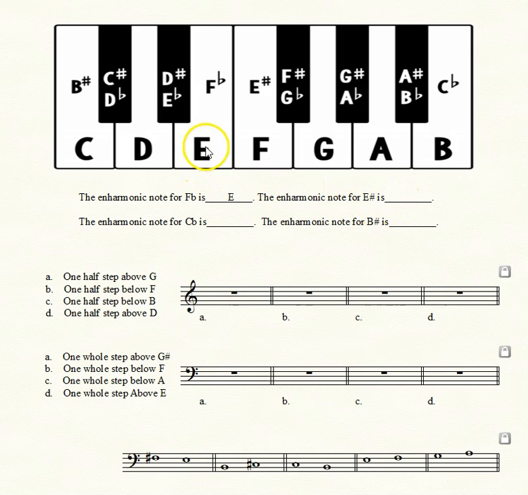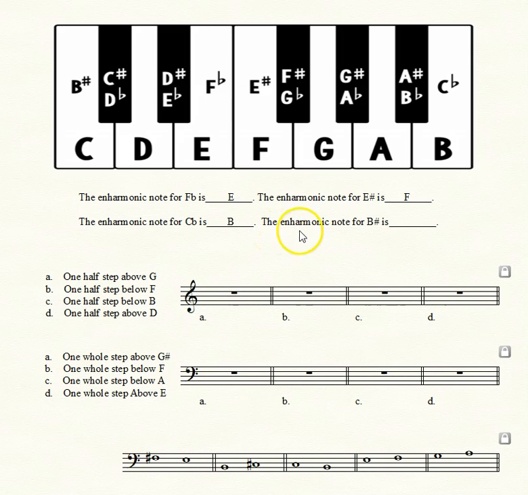Well, let's start on our E, and to find a sharp, we go one key to the right, so that key would be F. Down here, the question is, the enharmonic note for C flat is blank. Well, we'll go to our C. Normally, there would be a B key right here, so the enharmonic note for C flat is B.